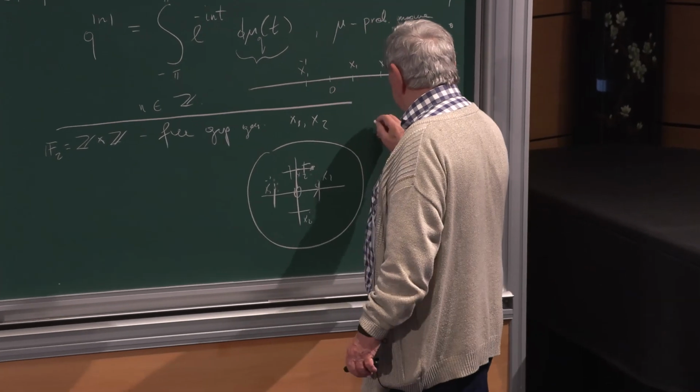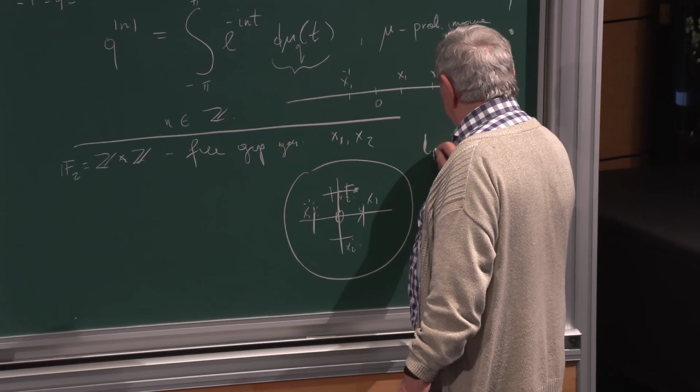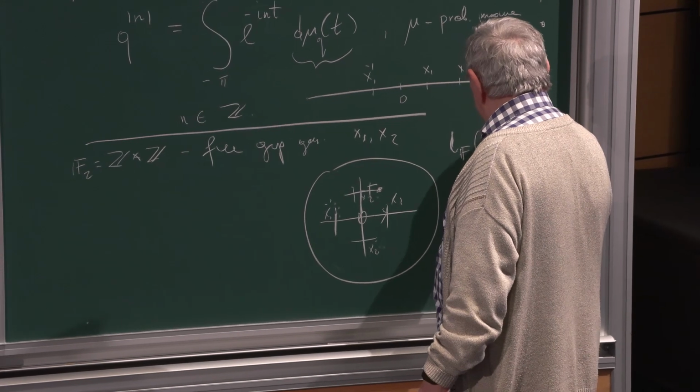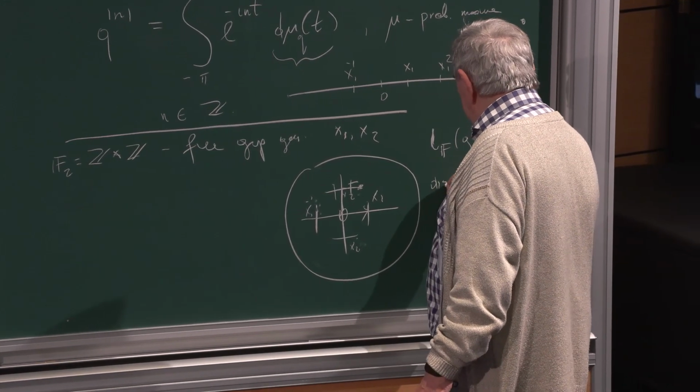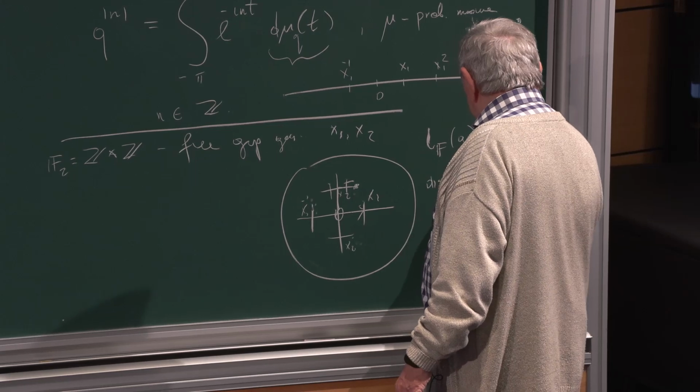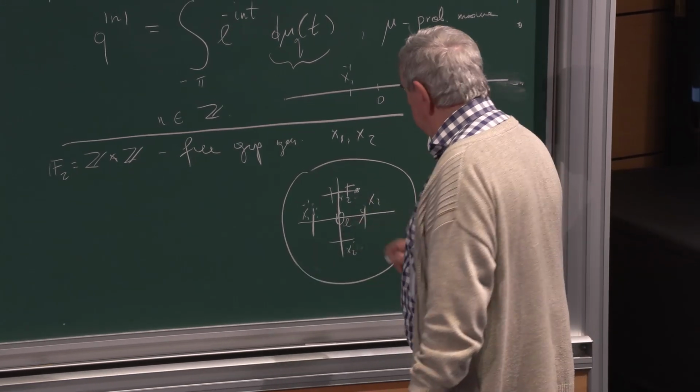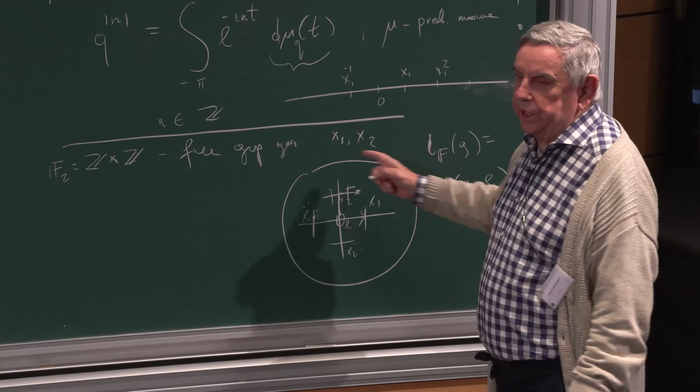So the length L on the free group G is just the distance from g to the identity. This is the identity. People usually call this the Cayley graph.